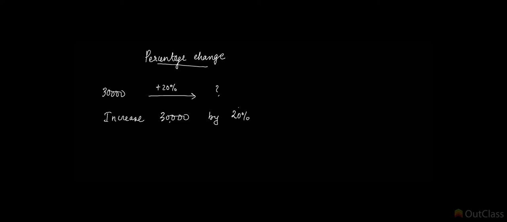Now this thing by itself doesn't have any meaning. You have to attach it to some sort of base. While it's not explicitly mentioned here, it is understood that we are talking about 20% of 30,000. So he used to have 30,000 rupees. Now he's getting a hike, and that quantity of the hike is actually 20% of the 30,000.